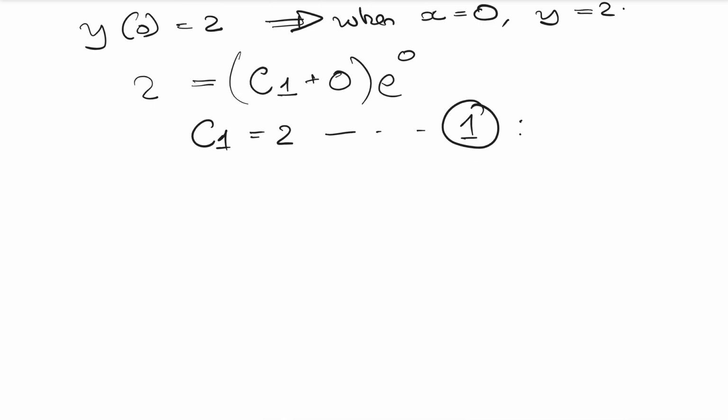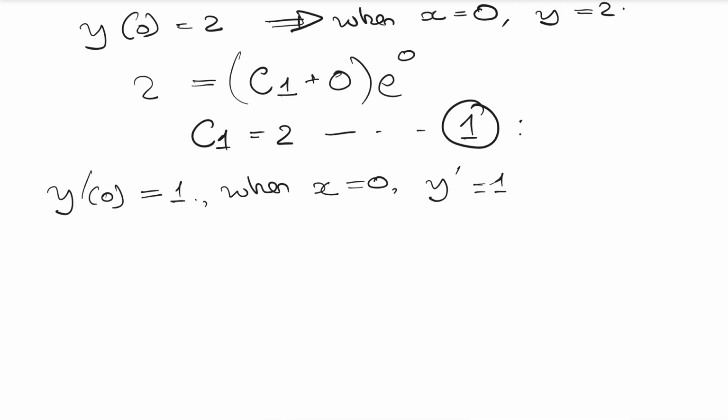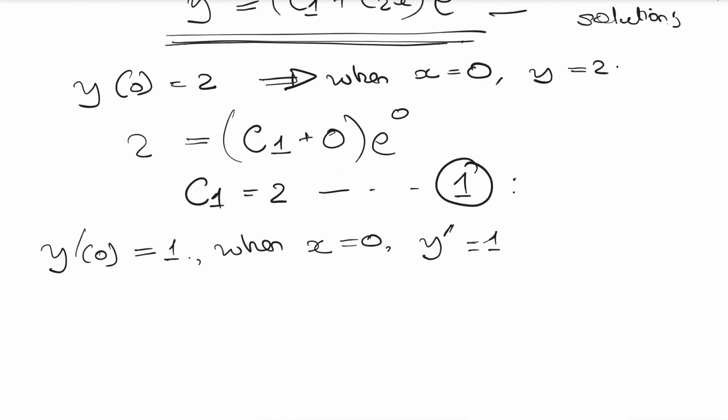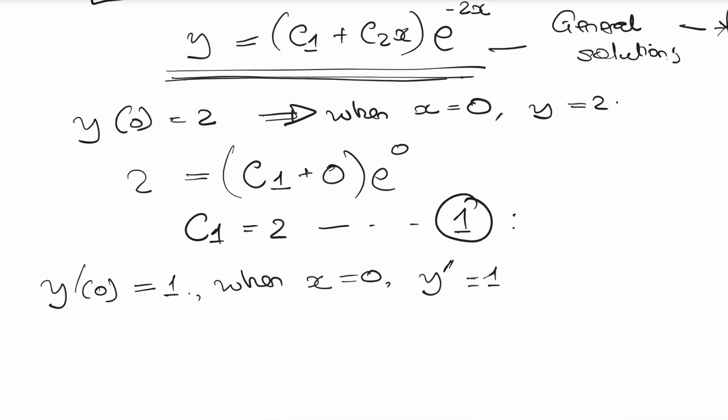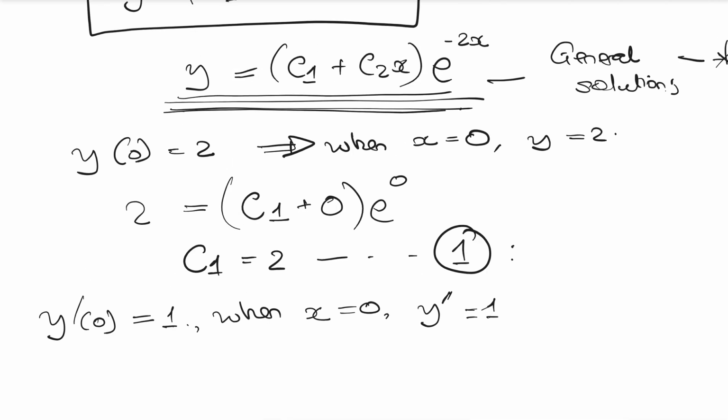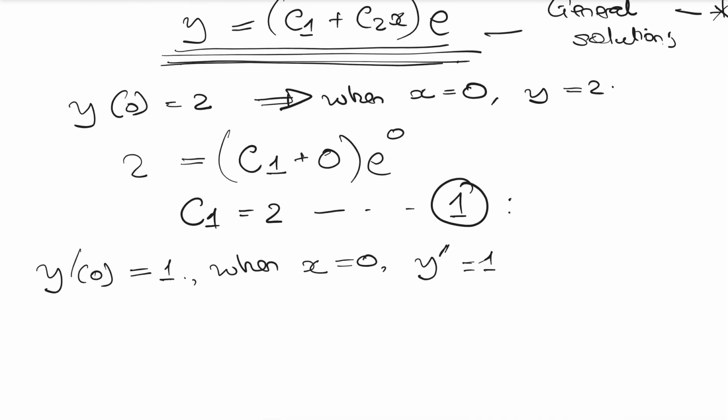Then we have another condition: y prime of 0 is equal to 1. That means when x is equal to 0, y prime is equal to 1. So first we have to find y prime by differentiating this y with respect to x.